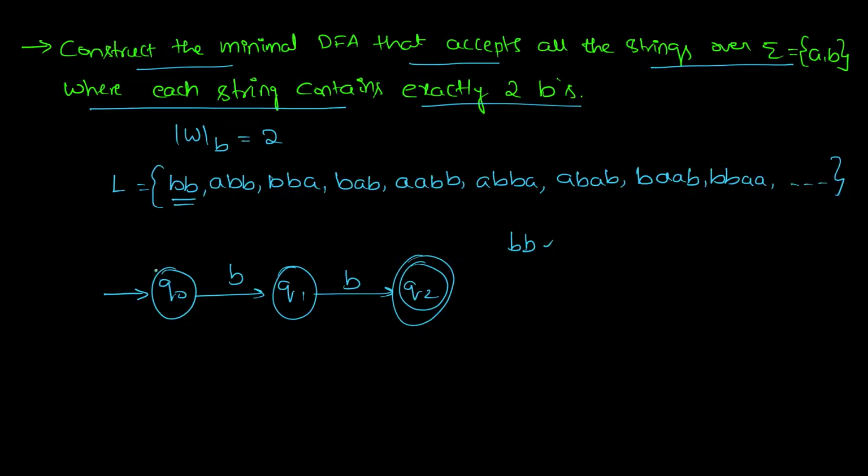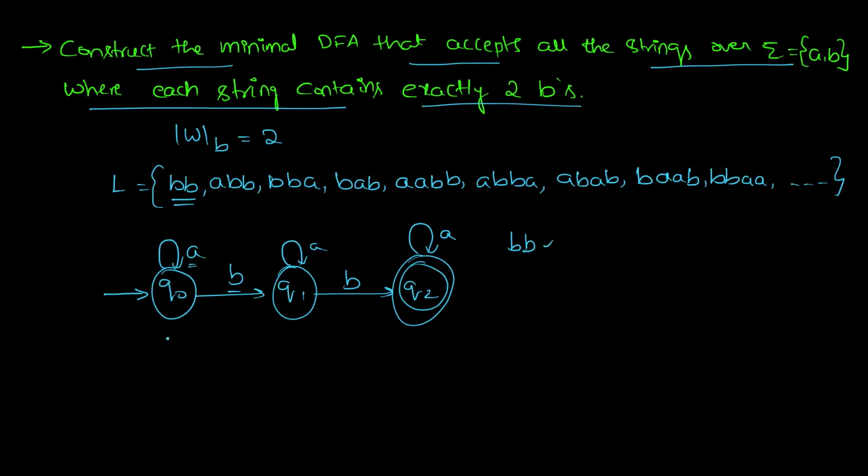At each state, I can see any number of A's. No matter how many A's, I will be in that state itself, because we are not counting the number of A's. We just have the count over the number of B's. So at Q2 also, on seeing A, I will be in Q2 itself.